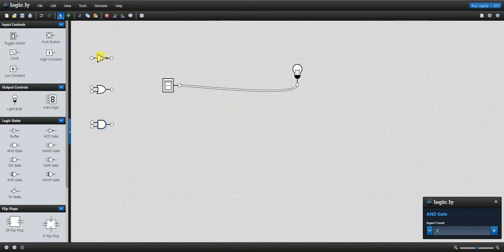Now, what you'll realize is that all logic gates only have one output, and the inputs to a logic gate, you can have one or more inputs to a logic gate, but this is the most important part, you can only have one output.